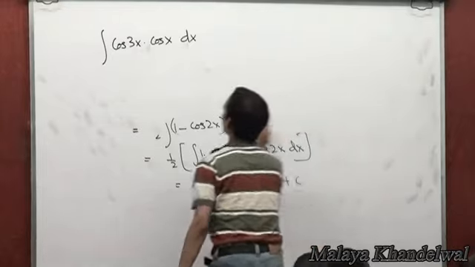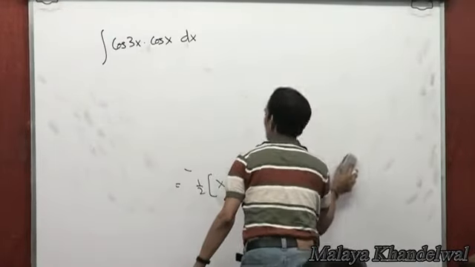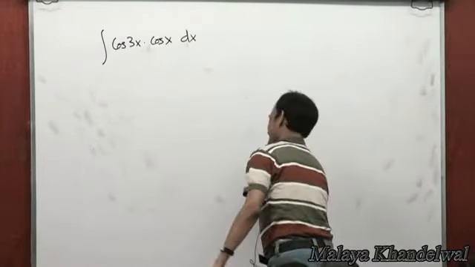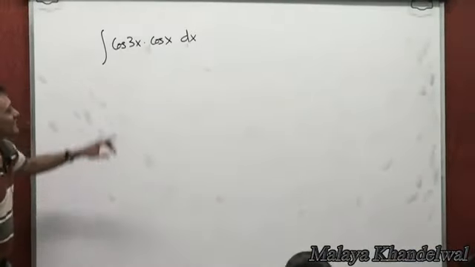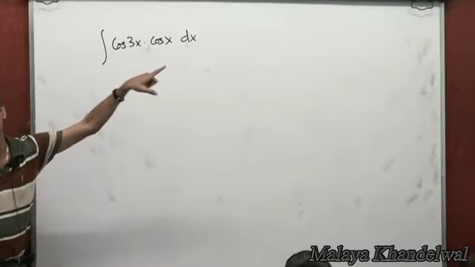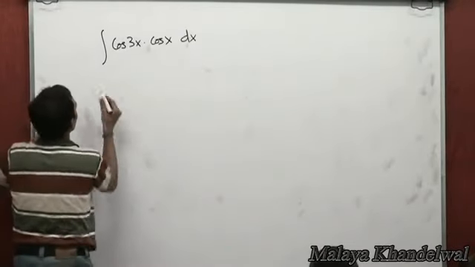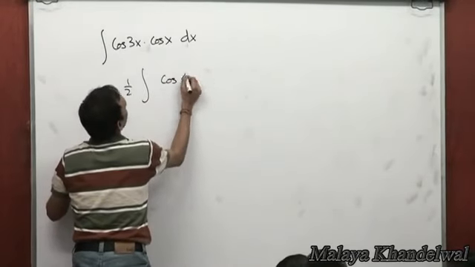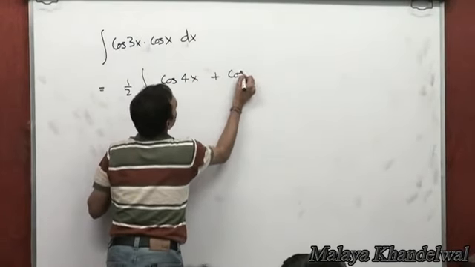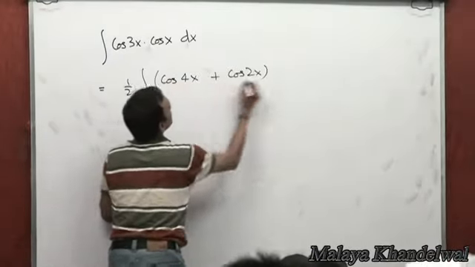You almost were geared to provide another round of entertainment to us. Oh God, we just missed it. Okay, so cos A cos B is half cos A plus B plus cos A minus B, right?